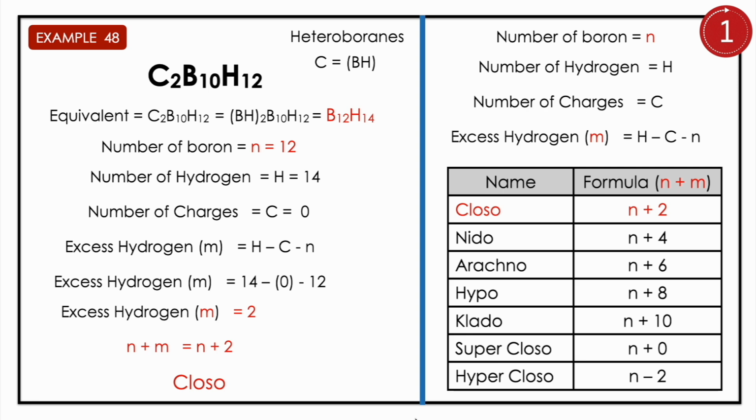If you solve it, you have M equals 2. M equals 2 means it is N plus 2 system. According to the table, it has Closo structure. According to the Wade's rule, the heteroborane C2B10H12 has the Closo structure.